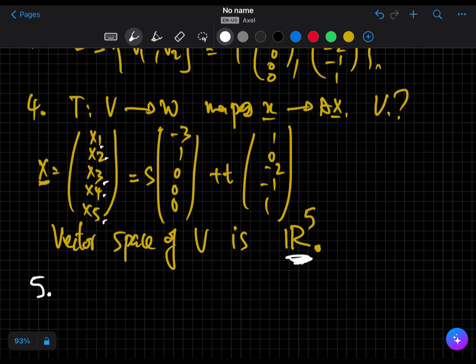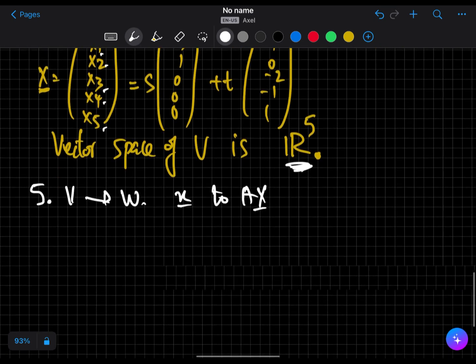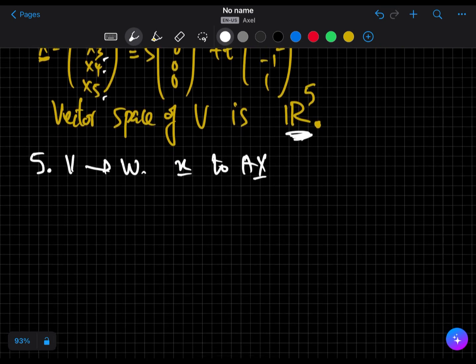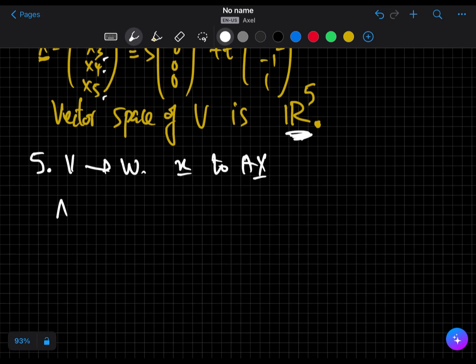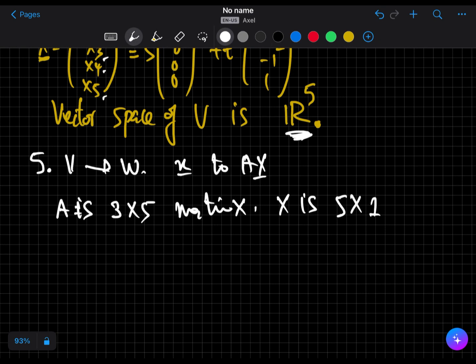Now, the last question: what is the vector space of W? T maps from V to W, taking x to Ax. We know that A is a 3 times 5 matrix, and x is a 5 times 1 column.